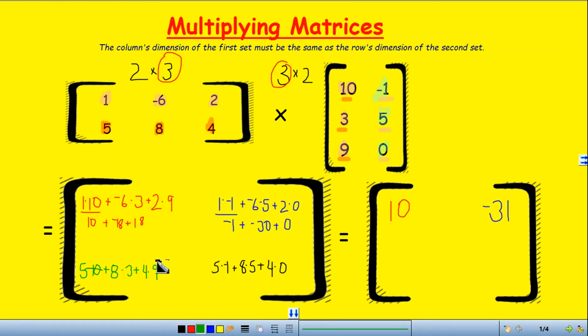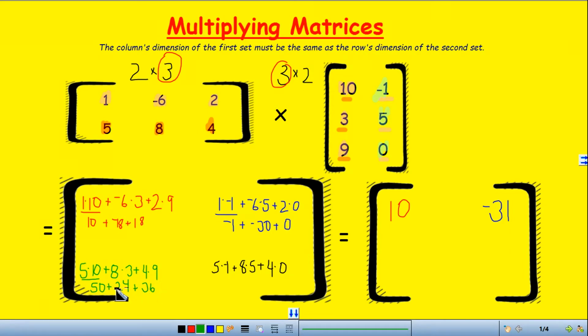All right. So with our third number, we have 5 times 10, which is 50, plus 8 times 3, which gives us 24, plus 4 times 9 gives us 36.